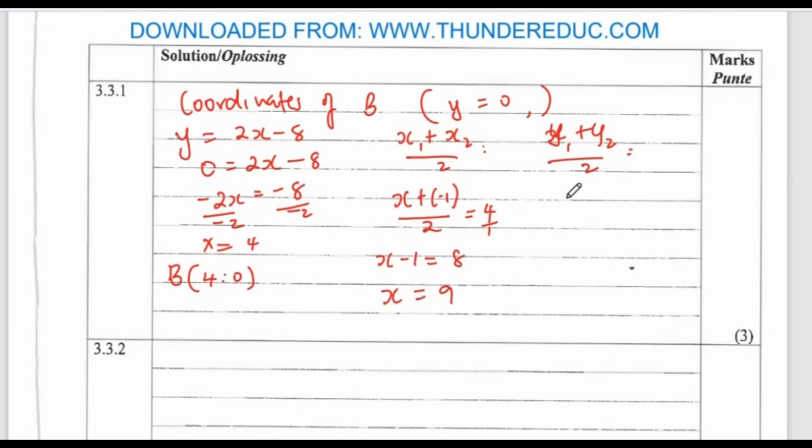Then do the same thing for y plus -10 over 2. Must give me 0. Cross multiply. So y minus 10 is going to be 0 because 2 times 0 is 0. Then I'll transpose the 10 that side, so y is 10. So the coordinates of C are (9, 10).